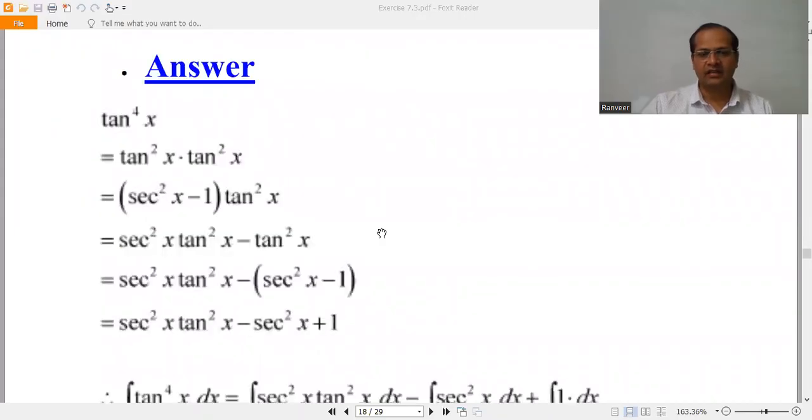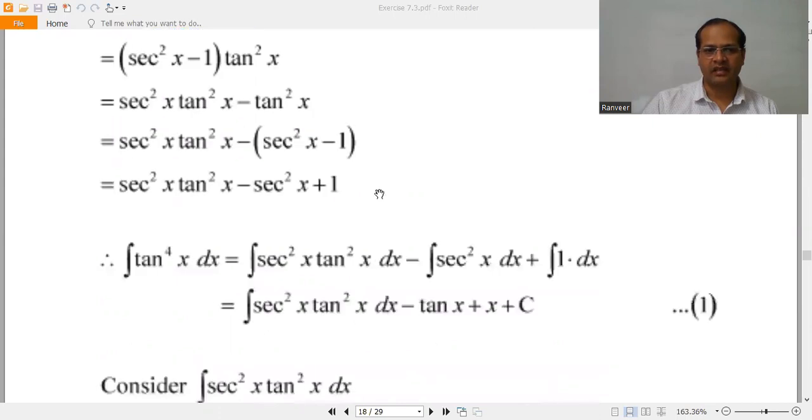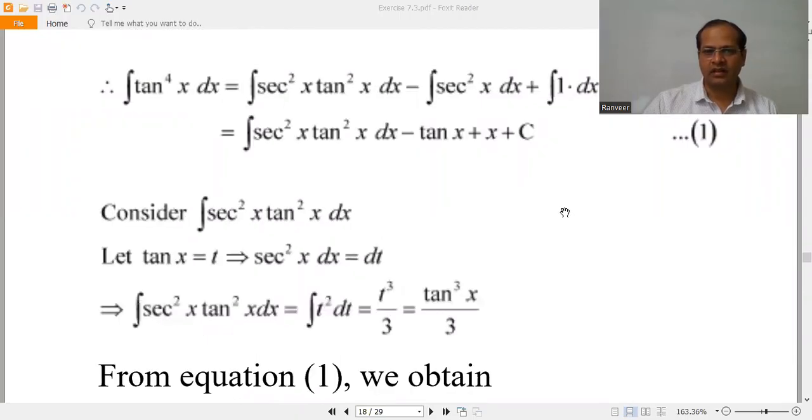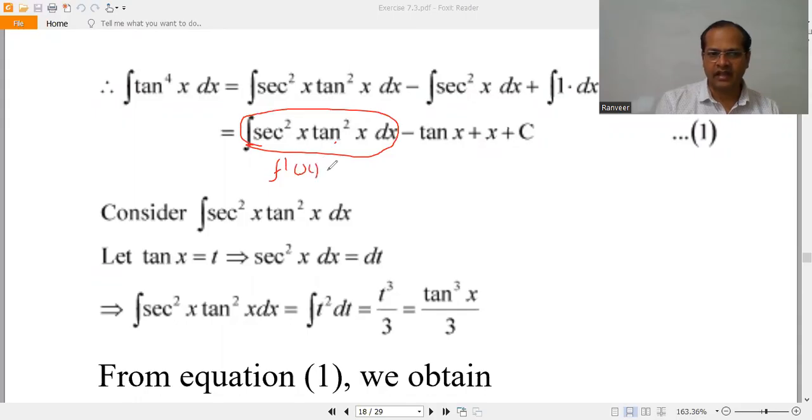Tan 4x, we can write as tan square x, sec square x minus 1... tan square x, sec square x. After that, we just have to multiply and we get this value. Now, sec square x tan square x, and this is sec square x plus 1. In this case, we only have to focus on this one integration. This is nothing but f dash x into f x format.